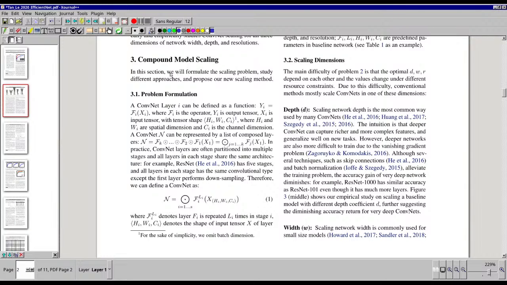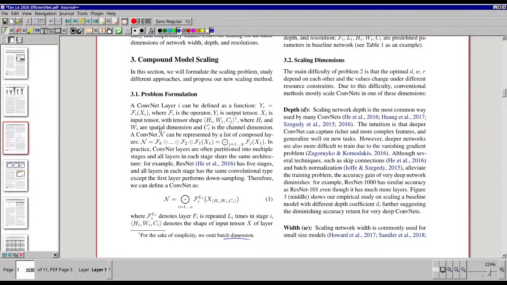Compound model scaling. In this section, we will formulate the scaling problem, study different approaches, and propose our new scaling method. Problem formulation. A ConvNet layer i can be defined as a function Yi equals Fi of Xi, where Fi is the operator, Yi is the output tensor, and Xi is the input tensor, with tensor shape Hi, Wi, Ci, omitting the batch dimension for simplicity.